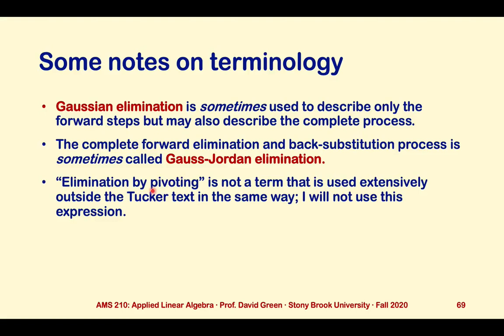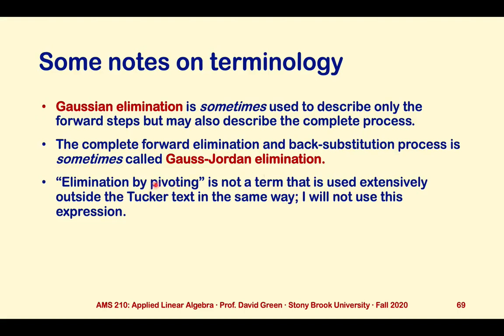Elimination by pivoting is not a standard term. It's used a little bit in the Tucker text, and this is why I'm mentioning this. It's not extensively used outside of that. You'll see some other contexts saying Gaussian elimination by pivoting.